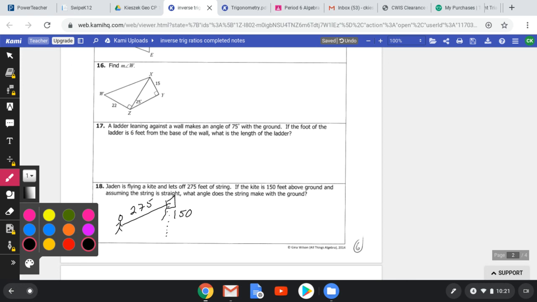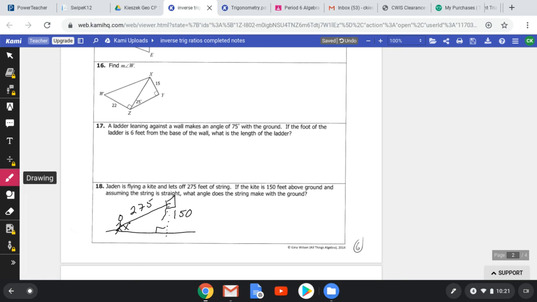Right. So again, hopefully you see, here's the ground, I have a right triangle. And what we're trying to find is the angle with the ground, so that's right here, x degrees. Labeling, this is the opposite side. That's the hypotenuse. So this is now sine. Sine of x is 150 over 275.